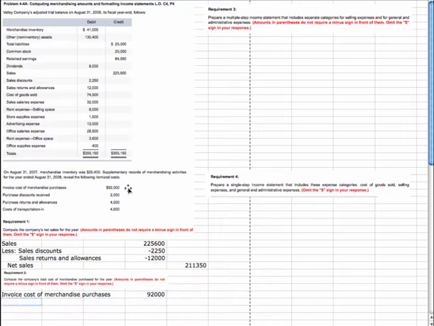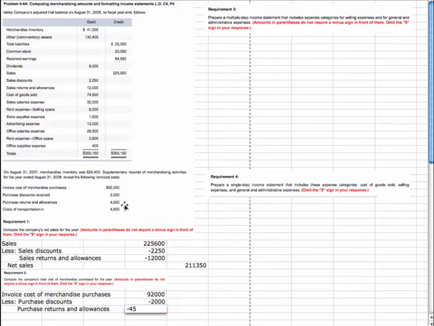Less, remember we said we need to know what our net cost was. So we're going to say less our purchase discounts. And our purchase discounts, when we look here, was $2,000. And now we're also going to have returns and allowances. And that one is right there.